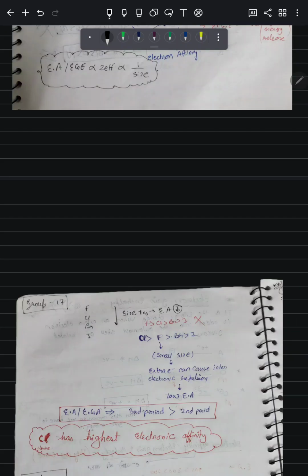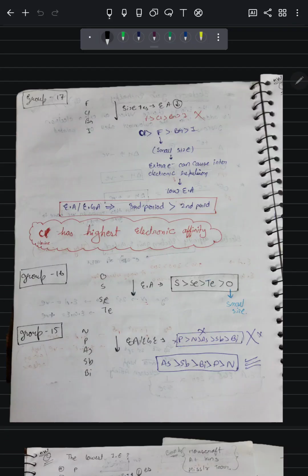So there is a general trend: electron affinity and electron gain enthalpy are directly proportional to Z effective and inversely proportional to the size. So in group 17, as we know, down the group the size is increasing and electronegativity decreases. So this should be the assumed order of electron affinity, but this is not seen because of fluorine's small size.